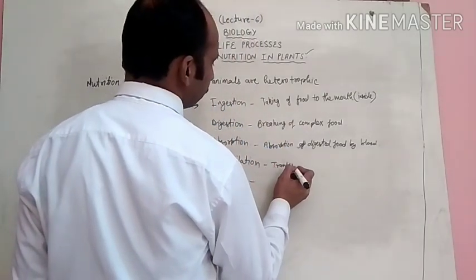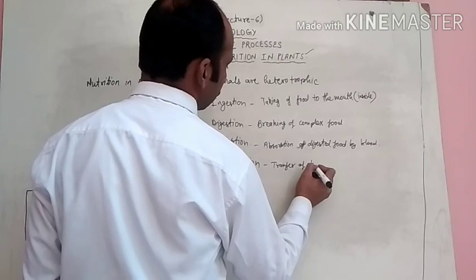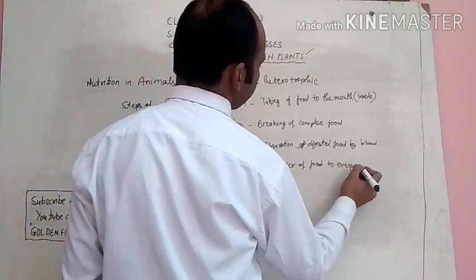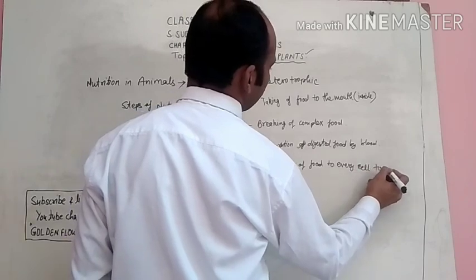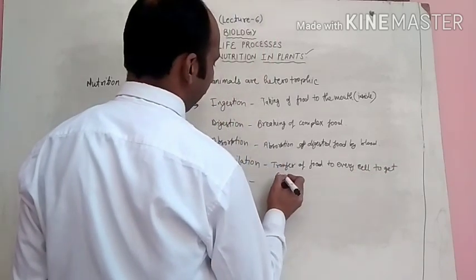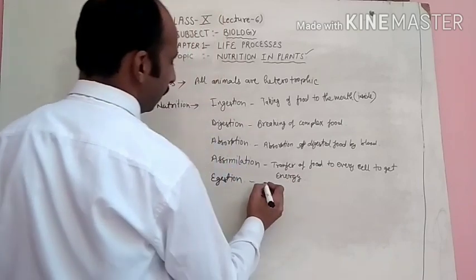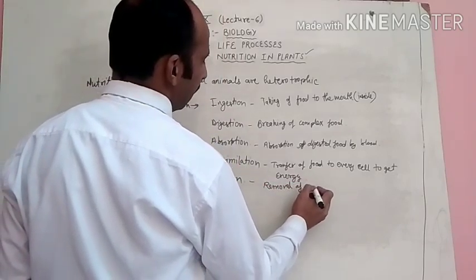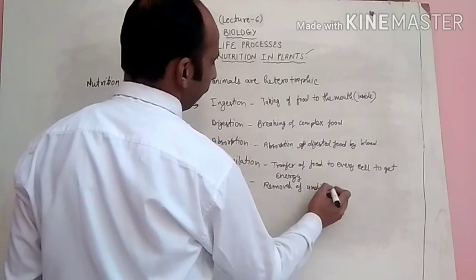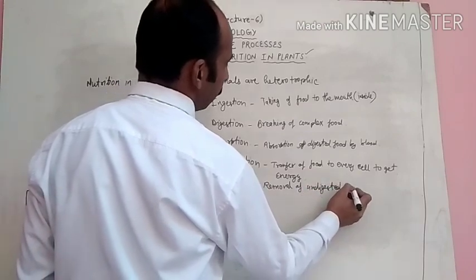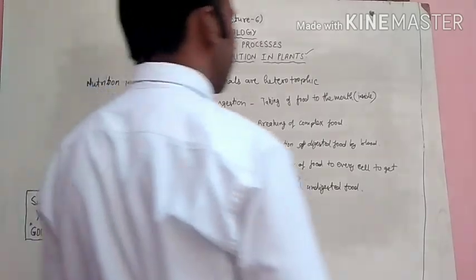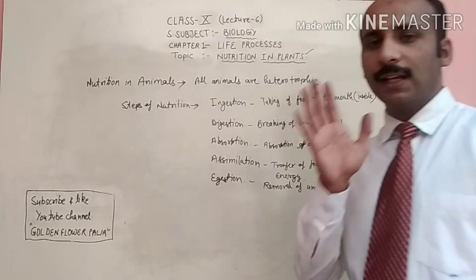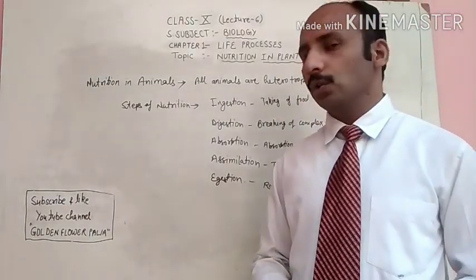Assimilation is transfer of food to every cell to get energy. Egestion is removal of undigested food. So these are the five steps which are followed by every animal in the process of nutrition.